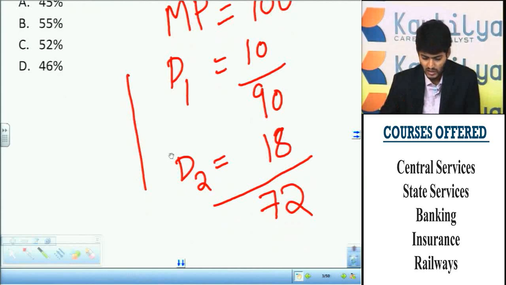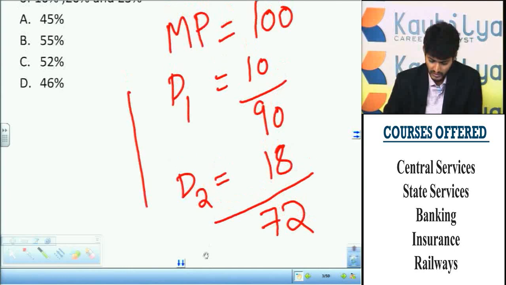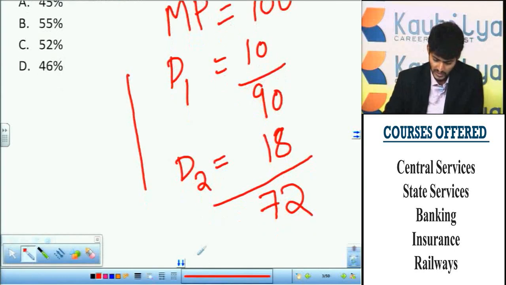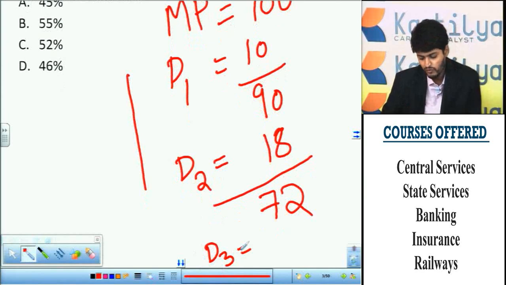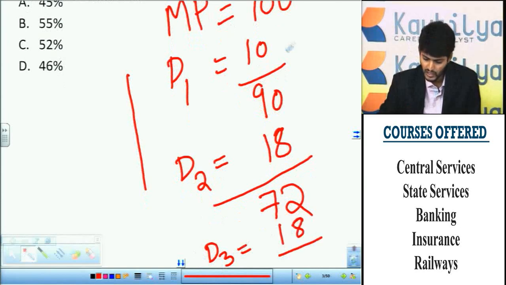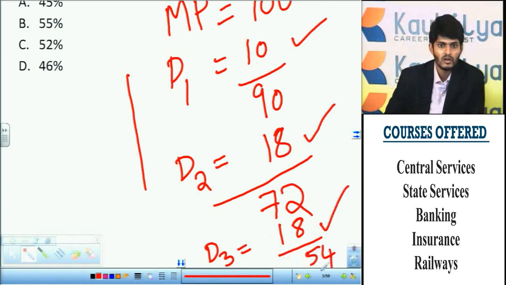So since your third discount is 25%, the discount D3 would be 1/4 of 72, which is 18 rupees. So 3 discounts: one around 10 rupees, second around 18 rupees, and third again 18 rupees. So your final price that you are going to pay would be around 54 rupees.